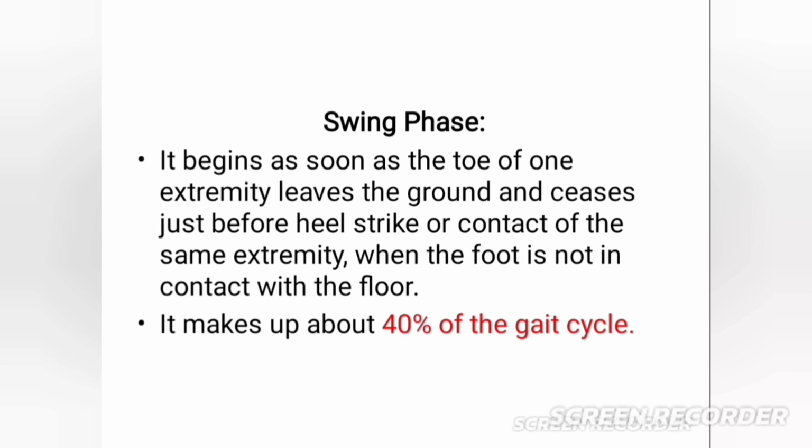So the stance phase is 60% of the gait cycle, and the swing phase is 40%. In the stance phase the foot remains in contact with the ground, and in the swing phase your foot is not in contact with the ground.